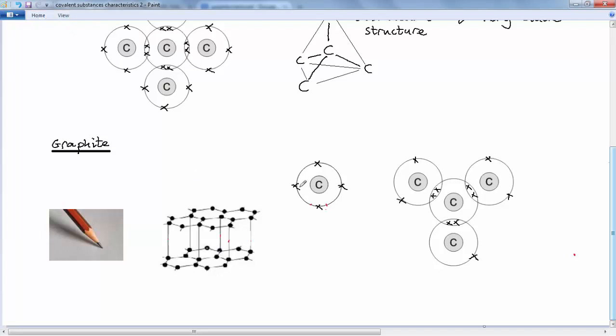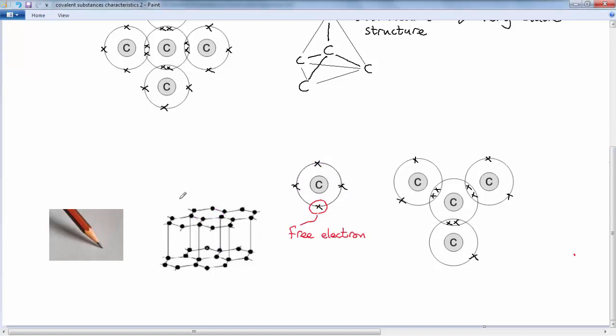So what we're saying is that these 3 valency electrons here are used to form covalent bonds with other carbon atoms in this hexagonal structure, forming this plane of carbon atoms, while this 4th electron is not used to form a covalent bond and is effectively free.